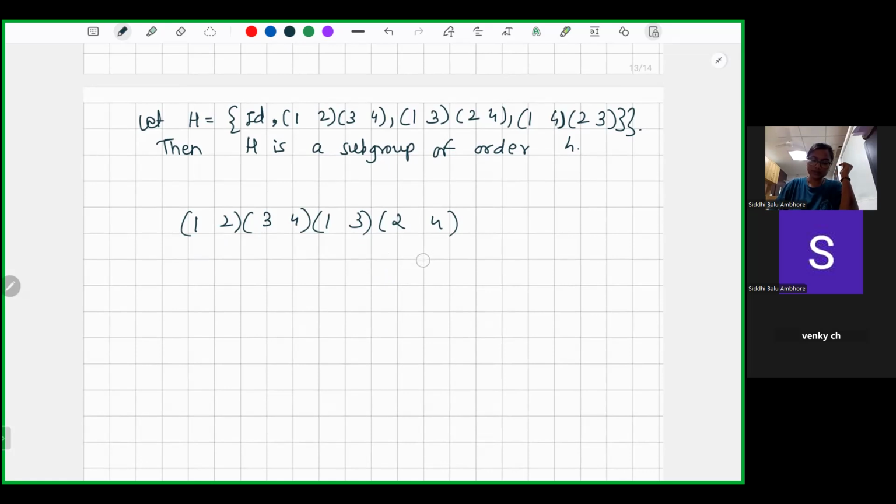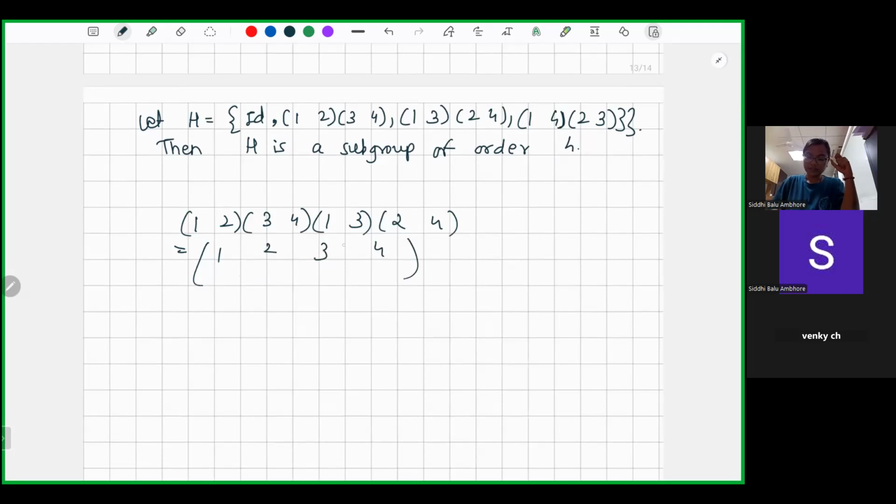Yeah, we can't. Let us try this. Since this is 1 2, this is 3 4 and 3 1 and 2 4. So this is 1 2, 3 4 3 1. No, it's not helping. We just have to calculate it this way.